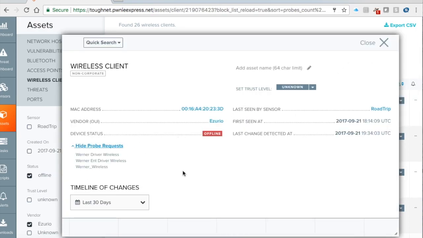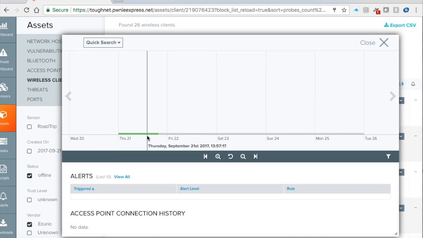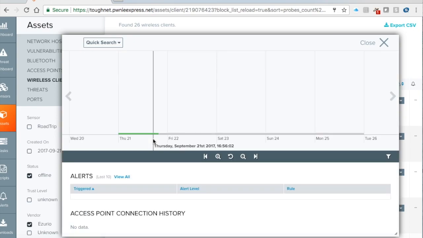If we have client devices, right, corporate devices that are out there on the network, and maybe those devices are only allowed to connect to specific APs, we could see that again they're looking for different APs they've connected to in the past.